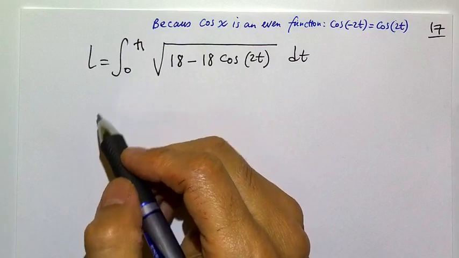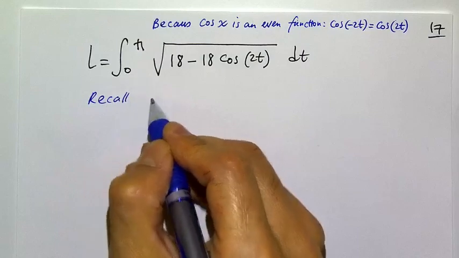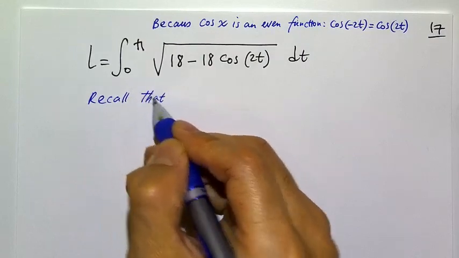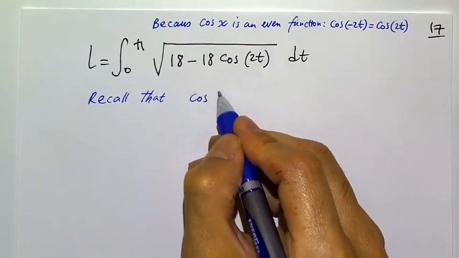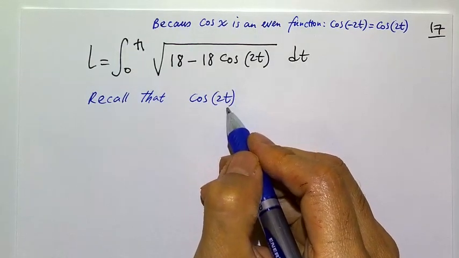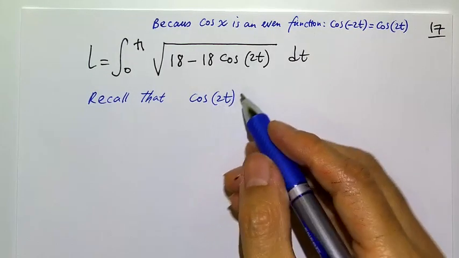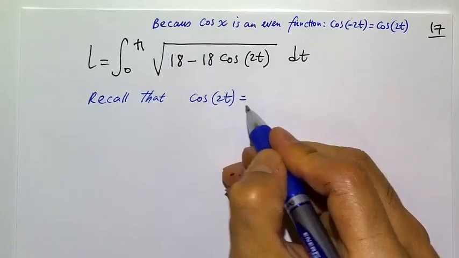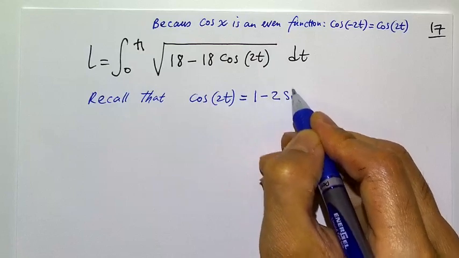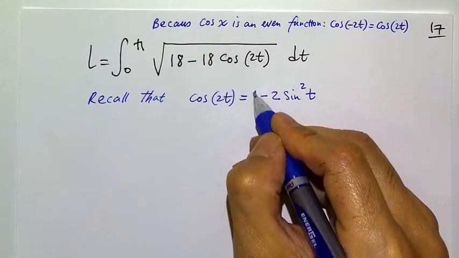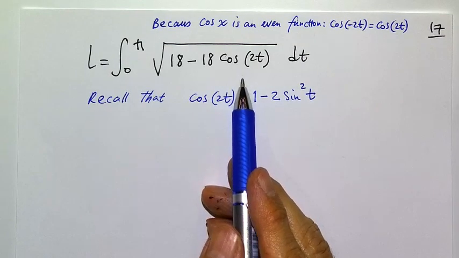And then, so at this point, let's recall that cosine of 2t, these are those identities we learned in trigonometry a couple of semesters ago, right, before calculus 1. So that cosine of 2t is equal to 1 minus 2 sine squared t. Okay, so let us then replace that cosine of 2t with this.